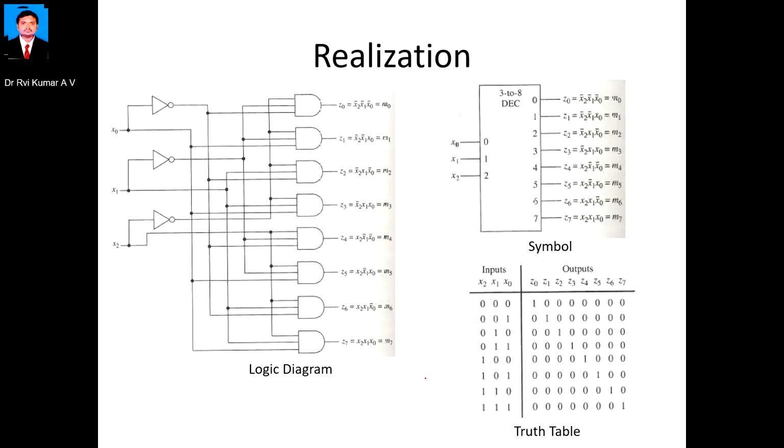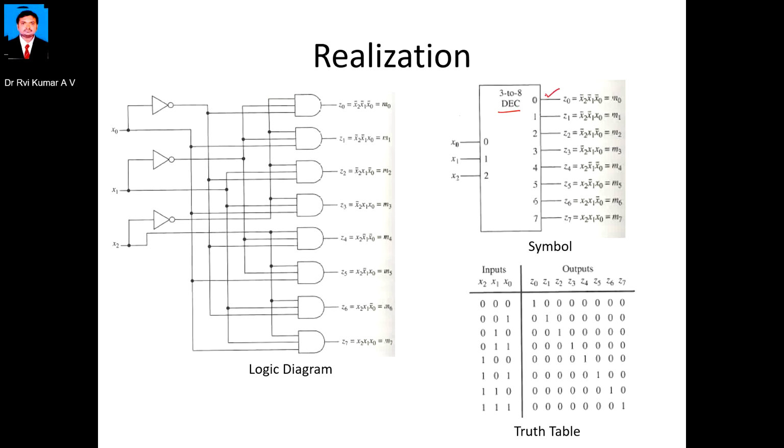So let me show the block diagram and its functional diagram, or we call it the logic diagram, and how this works with the truth table. Let me discuss the 3 to 8 decoder. Remember, we have 3 inputs and 8 outputs.